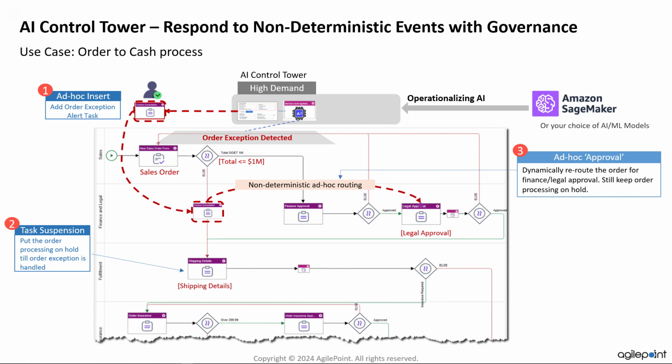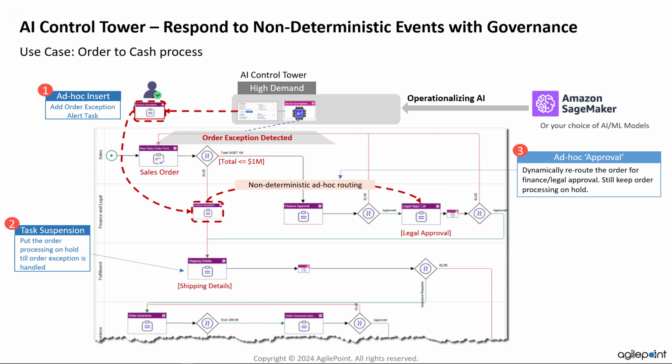So in this case, where a product is in high demand, the control tower will likely suggest that a task for the finance team is inserted, where the finance team can validate things like creditworthiness and payment terms are in alignment with a product of that sort of popularity.